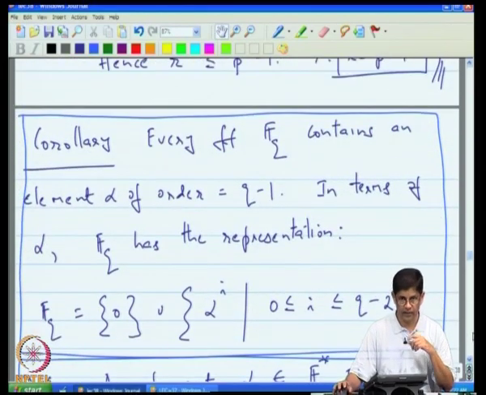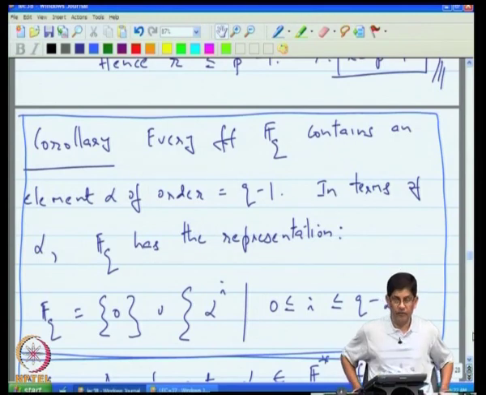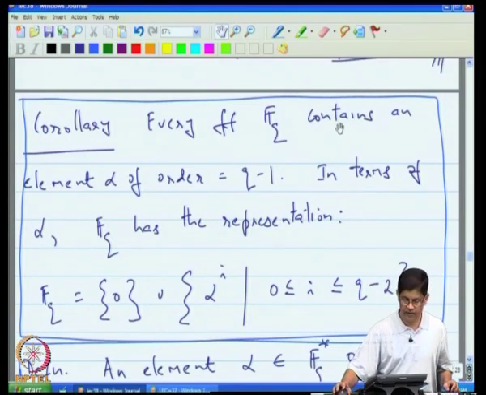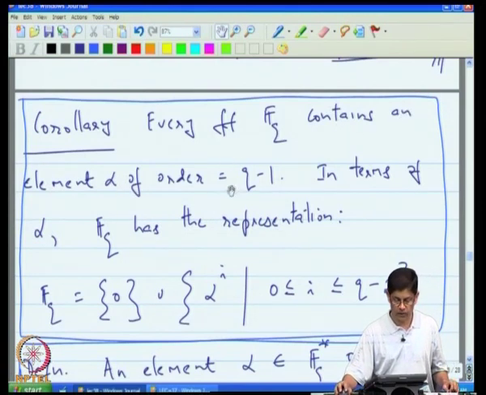So, the corollary: with this, we now have our very simple picture of the finite field. The picture is that, first of all, every finite field contains an element whose order is q minus 1. Let us call that element alpha.